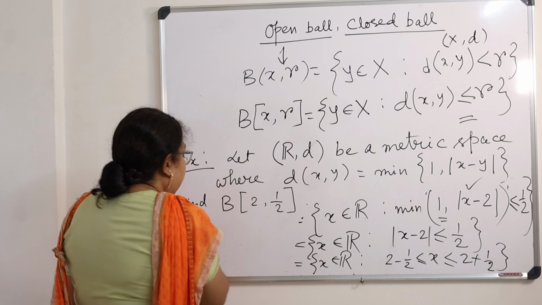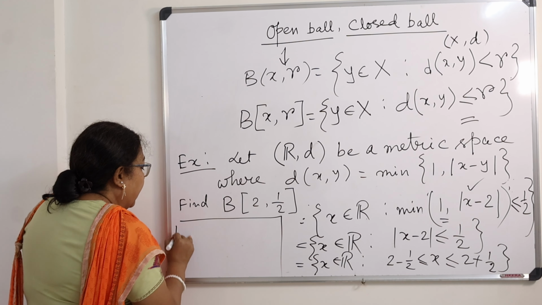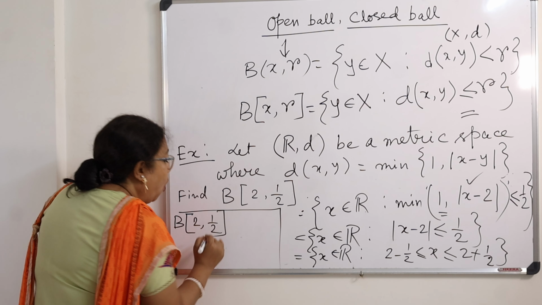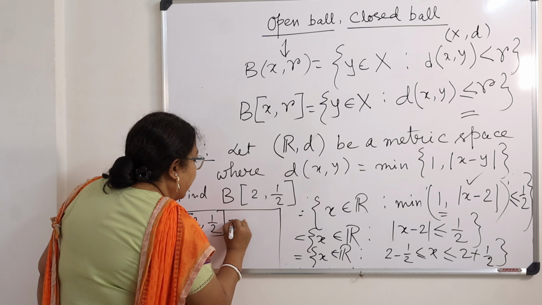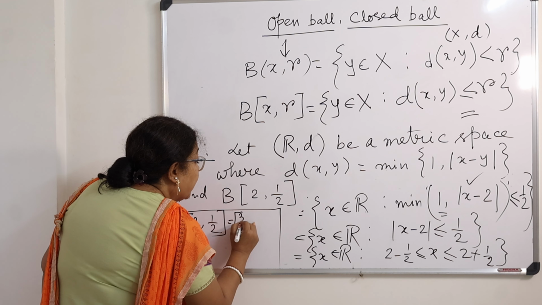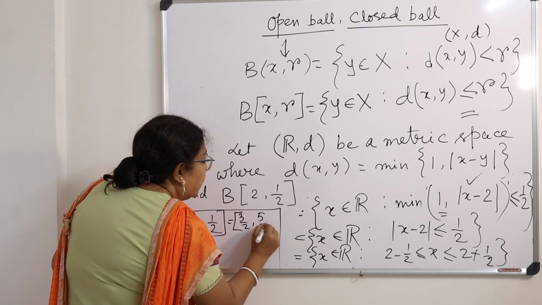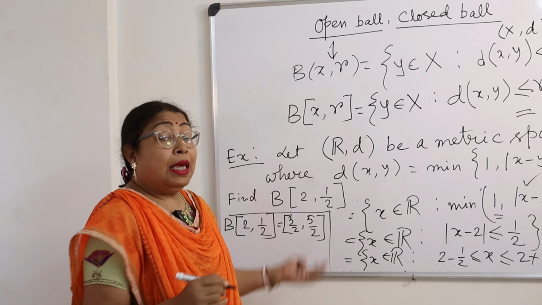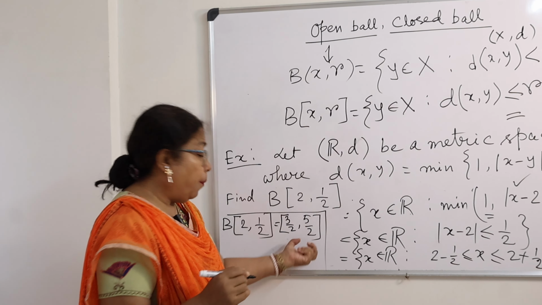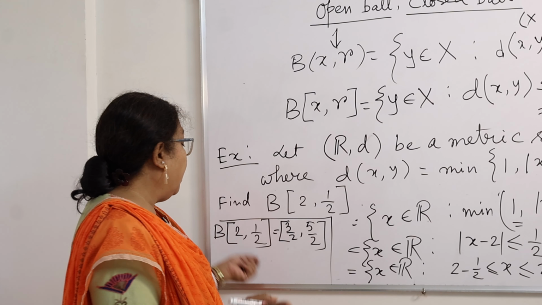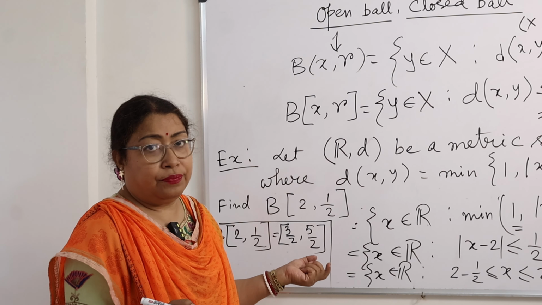So B[2, 1/2] means all those x lies within the closed interval [3/2, 5/2]. This is the closed interval. If you consider the open interval, then you get the open ball B(2, 1/2).